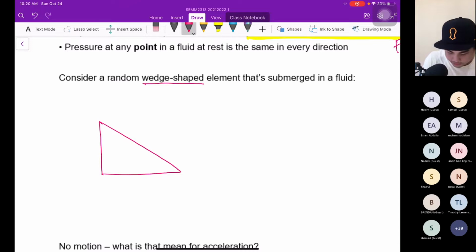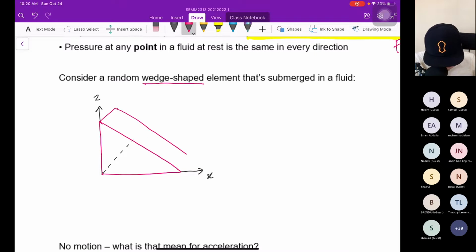Then we assign the axes. This is referred to as the z-axis. This is the x-axis. And then the y-axis is into the page. This is your imaginary, let me draw the 3D.